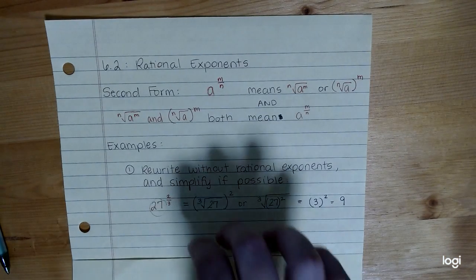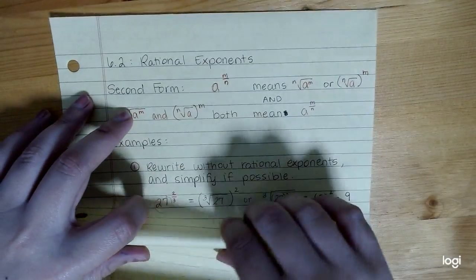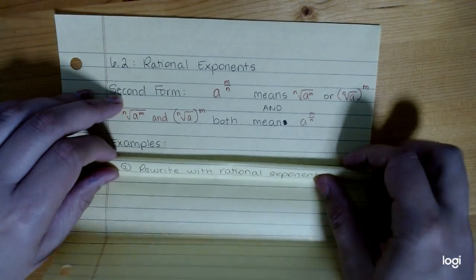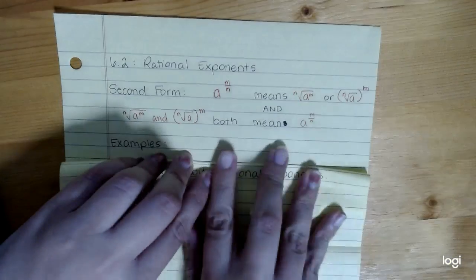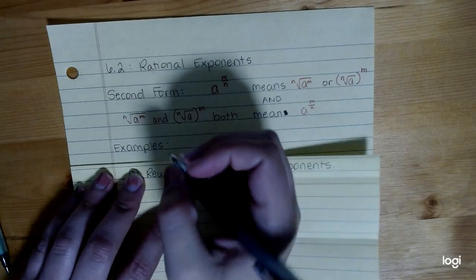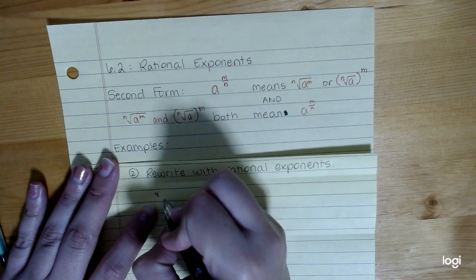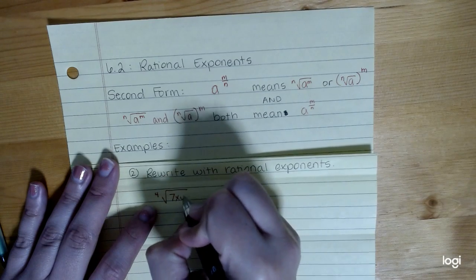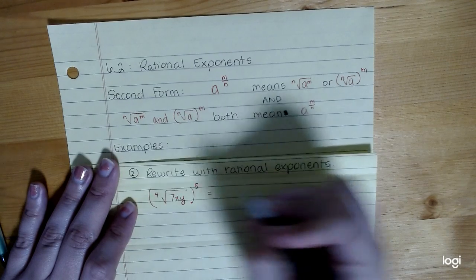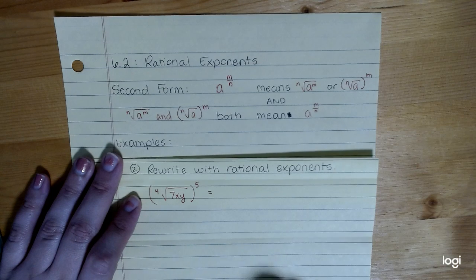All right, so let's come down to our second example here, and then we will be done with this portion of our 6.2. So we're going to rewrite with rational exponents here. So if I have the fourth root of 7xy raised to the fifth power, how would we translate that to our rational exponent notation?